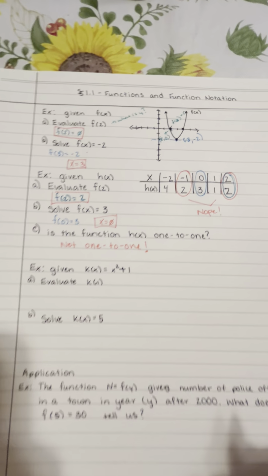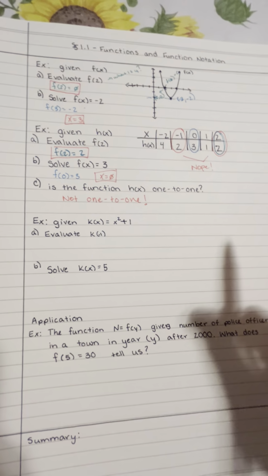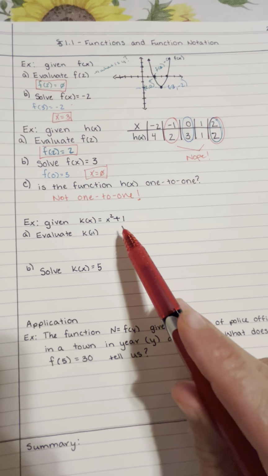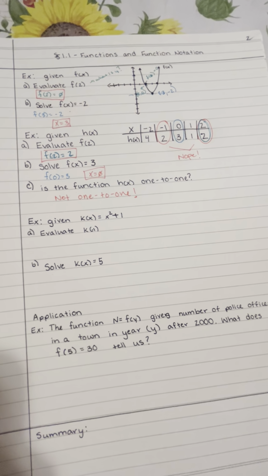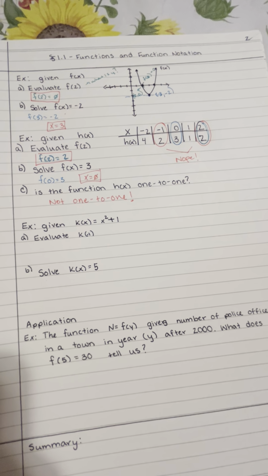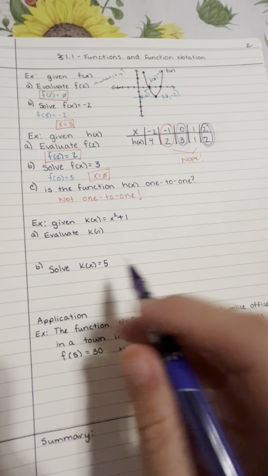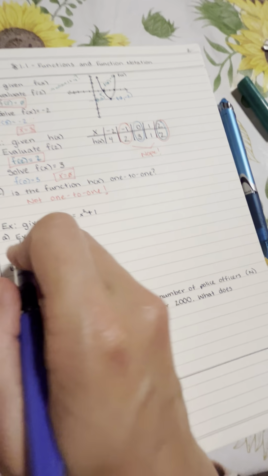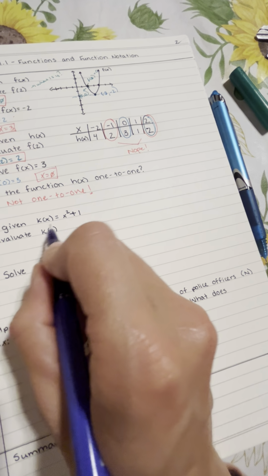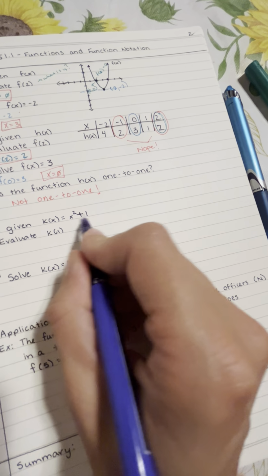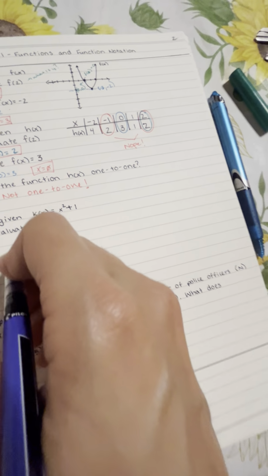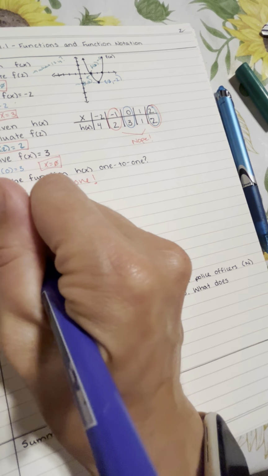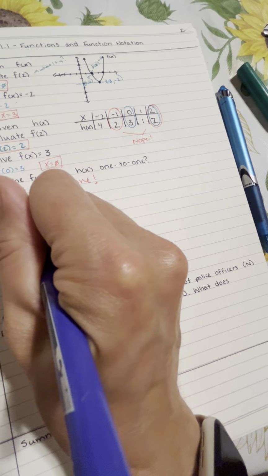Okay. Evaluating functions. So then finally we're going to look at it when we're given an equation. So given that k of x is equal to x squared plus 1, we're going to start by evaluating k of -1. And really, I'm just trying to make sure you still remember how to work with exponents. So if k is -1, then what that means in an equation, since I'm trying to find the y value, I'm just going to replace all of the x's with -1. So k of -1 is equal to -1 squared plus 1.